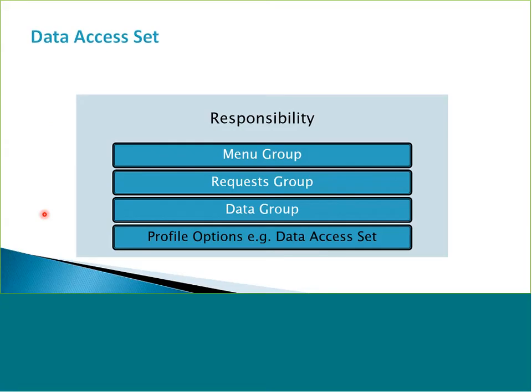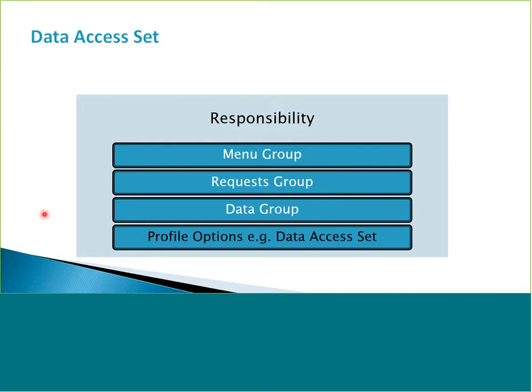So we mentioned data access set before when we were creating our ledger, and we said that in order to access the ledger that we created, we have to assign this ledger to a responsibility.